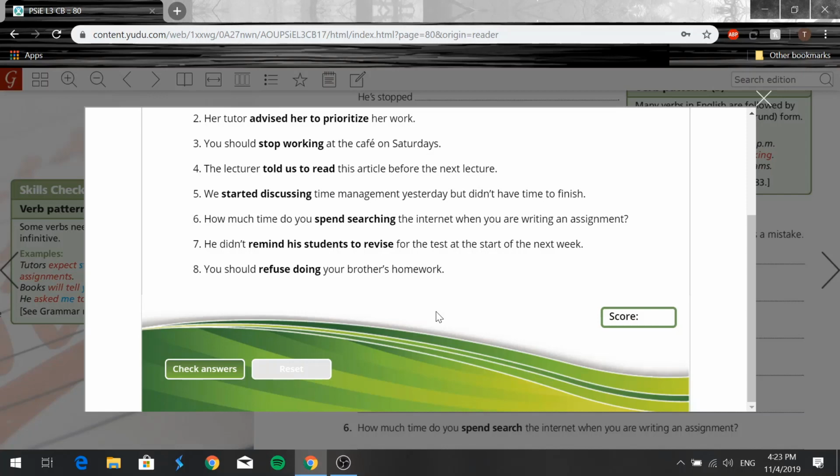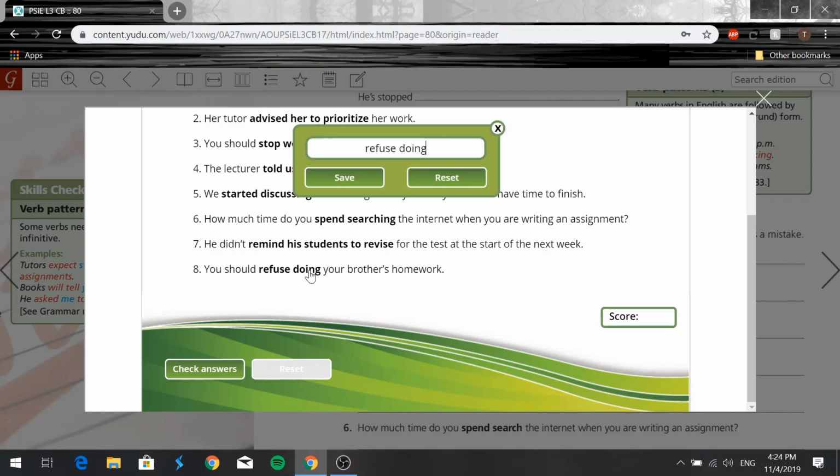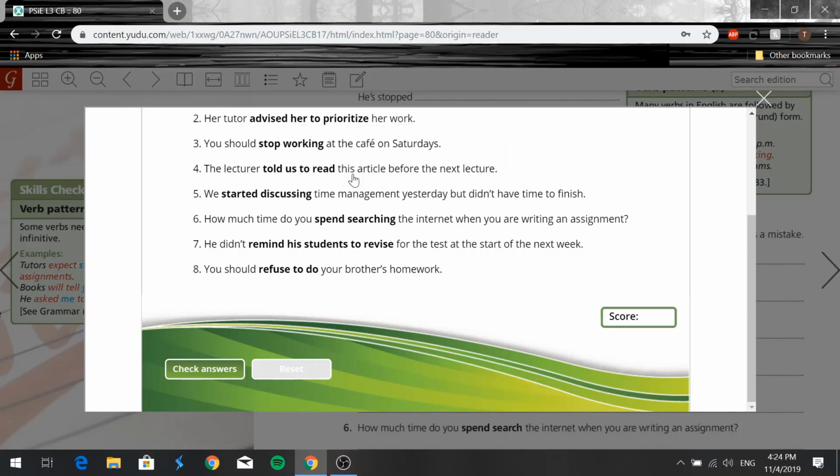He didn't remind his students to revise for the test at the start of the next week. This one is correct. 8. You should refuse doing your brother's homework. You should refuse not doing, but I'll say to do, right? So you should refuse to do your brother's homework.